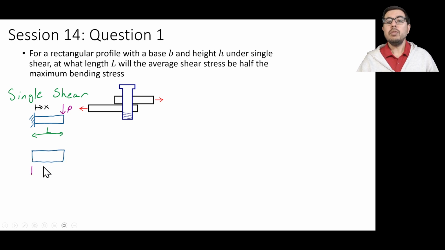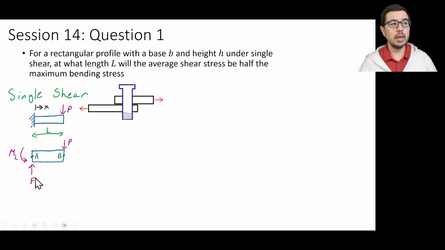When we have the beam, we think of what's happening on the left side with a reaction bending moment from the wall and a reaction force from the wall. We could have drawn these in either direction. We don't have to follow a convention when looking at the external loads on the beam.